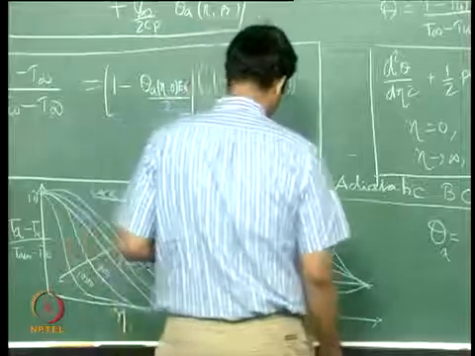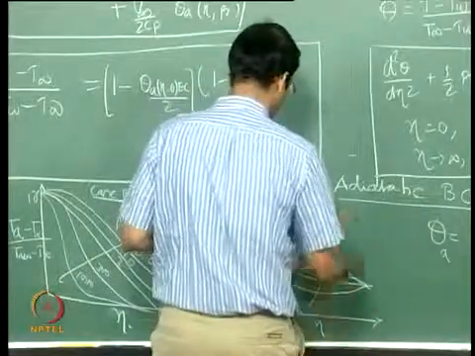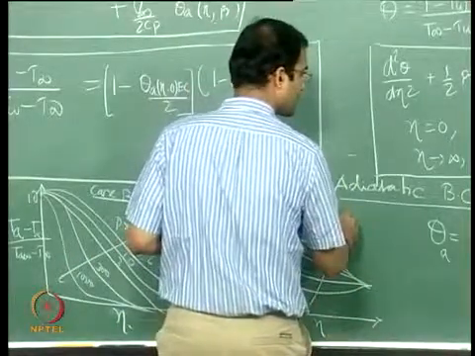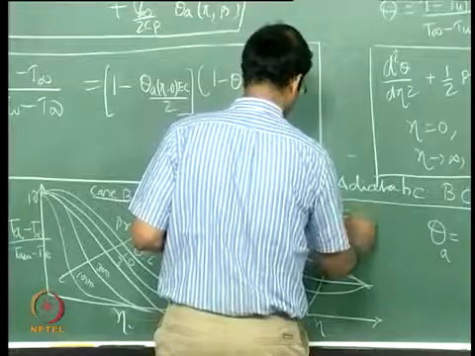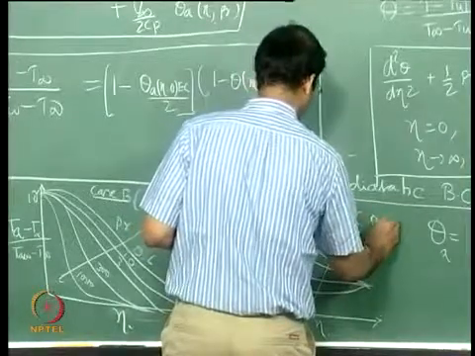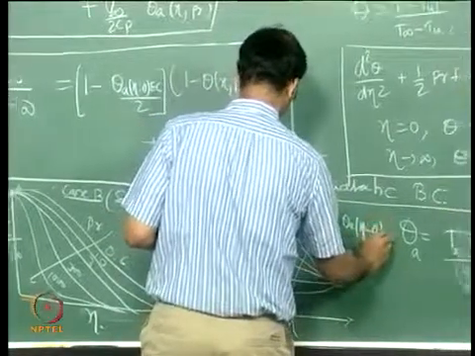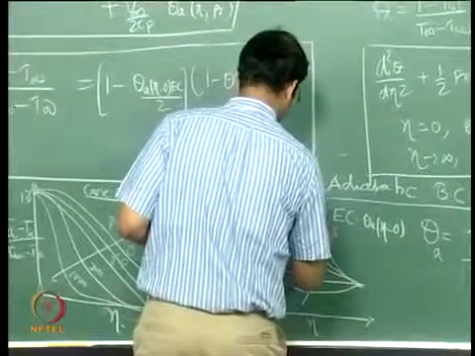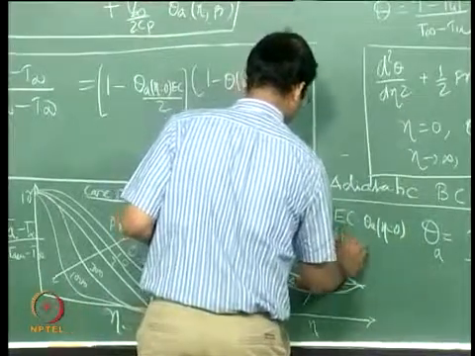This is for different values of Eckert number into theta A, theta equal to 0. This corresponds to a heated plate.